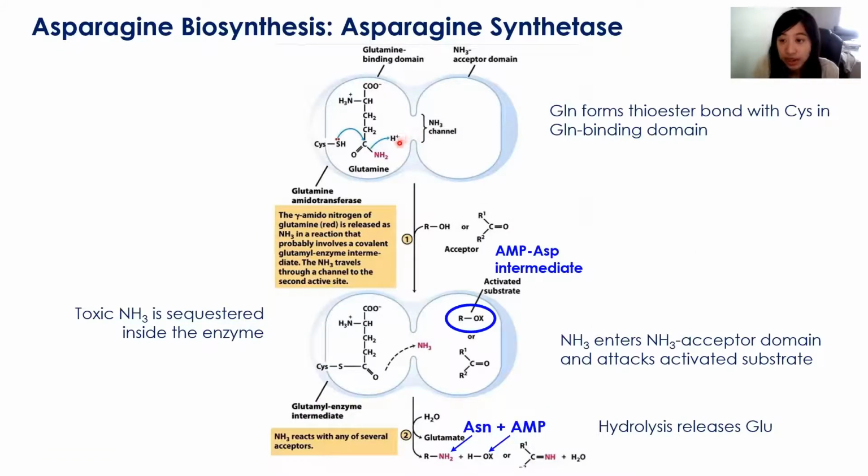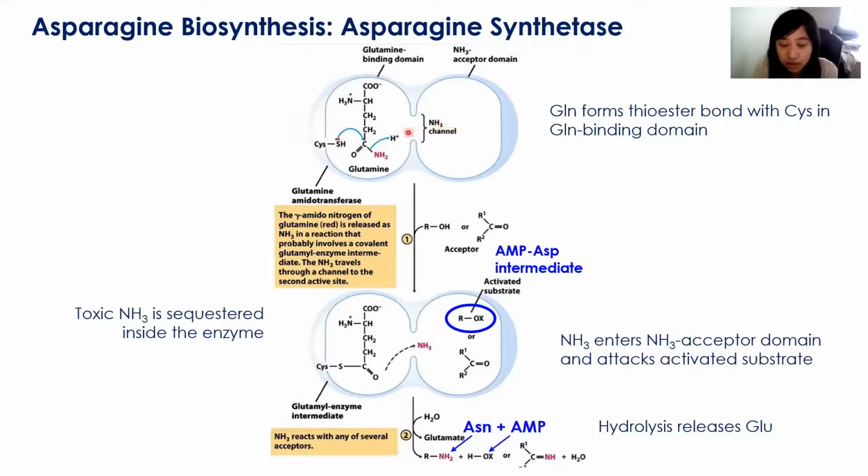So in the asparagine synthetase reaction, glutamine enters the enzyme in the glutamine binding domain and forms a thioester bond with the cysteine that is part of the enzyme. And consequently, the ammonia is released from the glutamine.